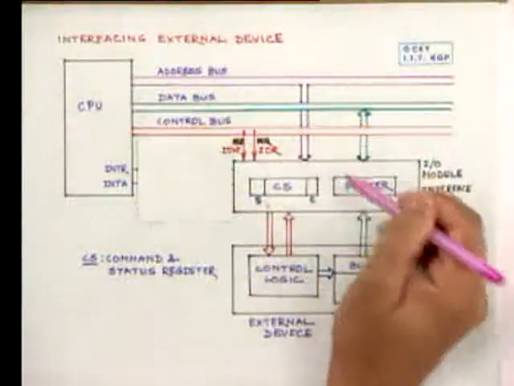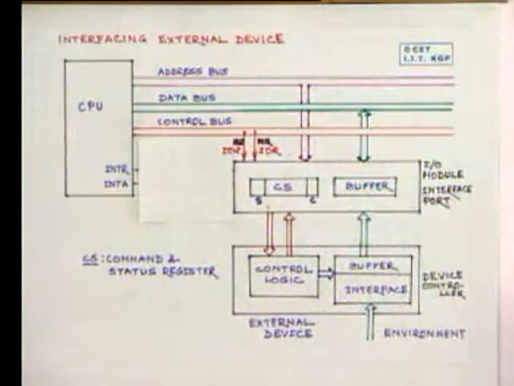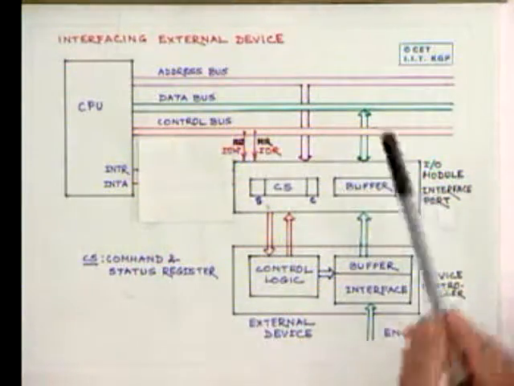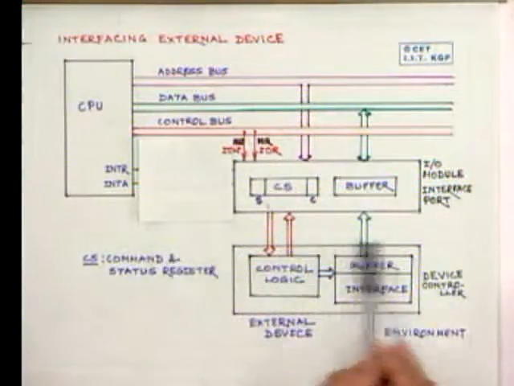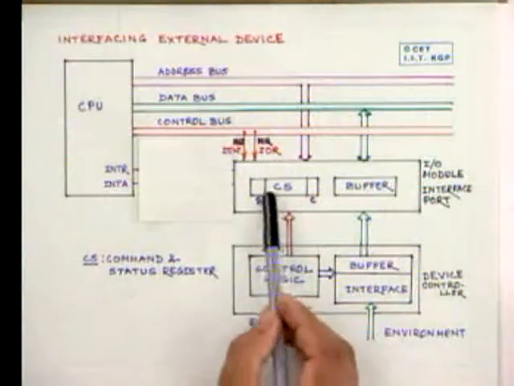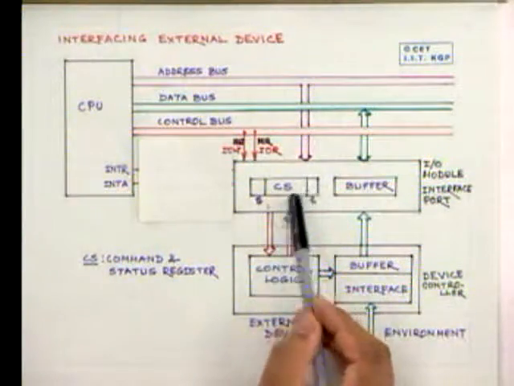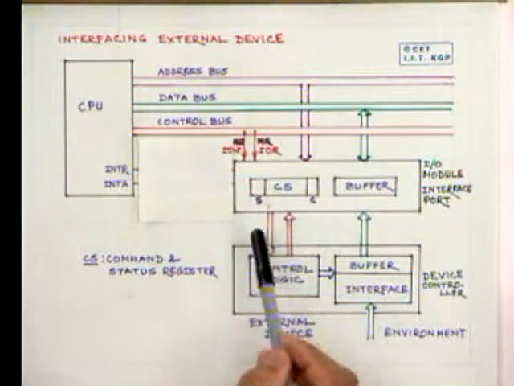Now, let's come to the rest of it. Let us see how the I/O data transfer takes place. Let us take a simple example, a simple device like a keyboard, where you press a key and an 8-bit code comes into the buffer. Here you have to tell the device that you need to read one character.